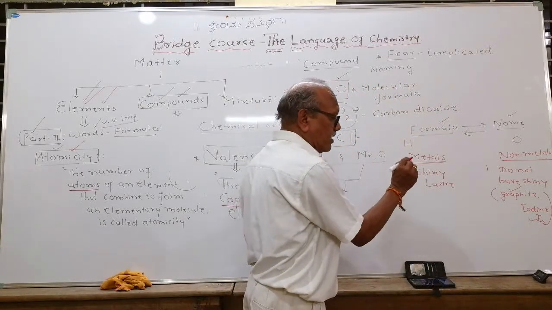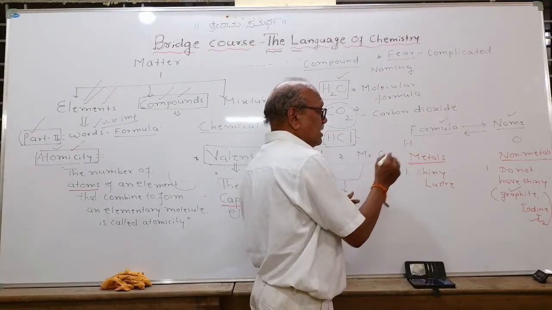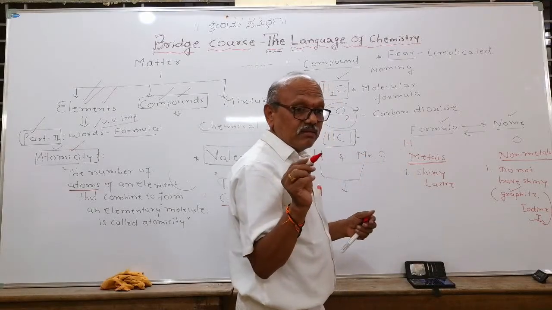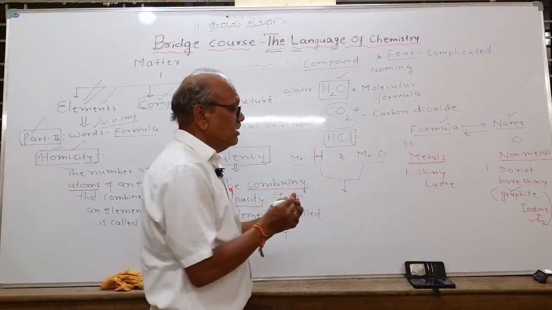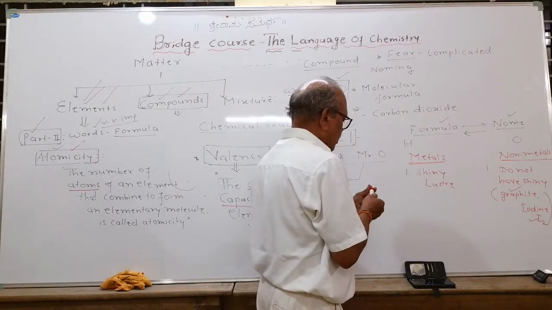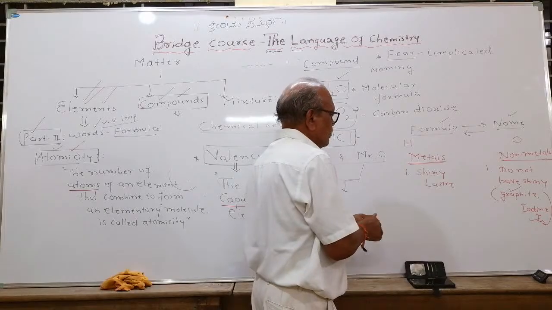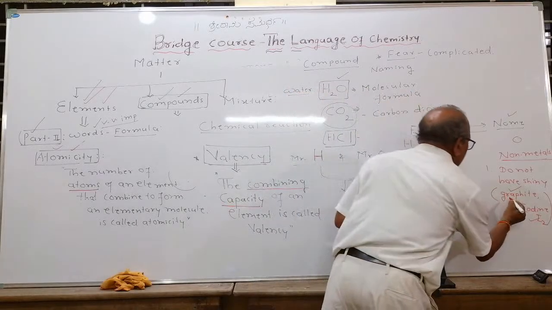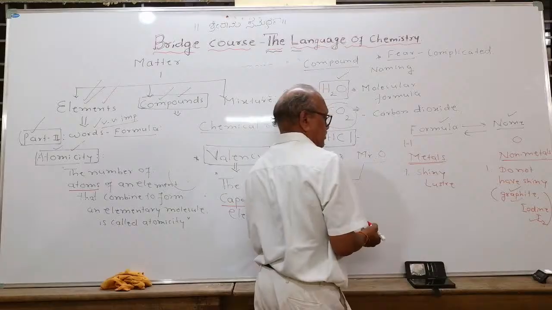You use it for the leads of your pencil, and a geometry box will contain this. Graphite is an allotropic form.